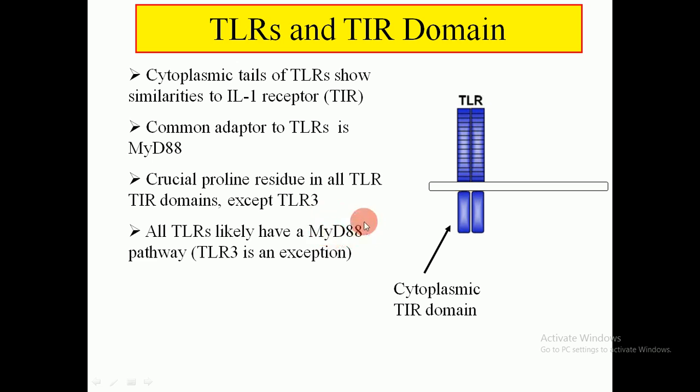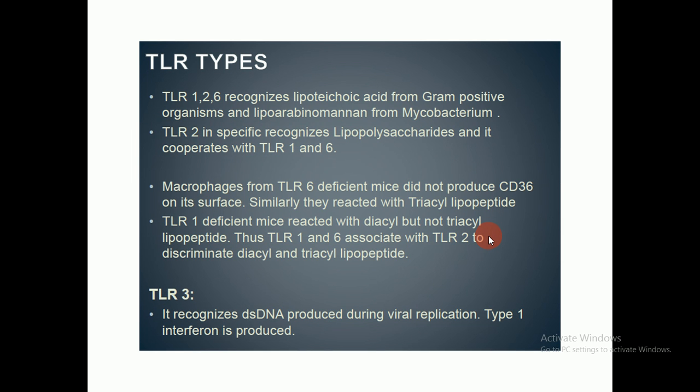This is the pathway of the signaling of the toll-like receptor. This is the MYD88. We have the toll-like receptor exerting its function. Toll-like receptor types: 1, 2, 6 recognize lipoteichoic acid from gram-positive organisms and lipoarabinomannan from mycobacterium.